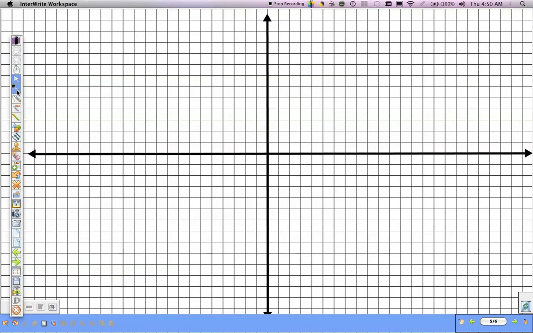So I knew that my roots are going to be x equals -1 and x equals -5.